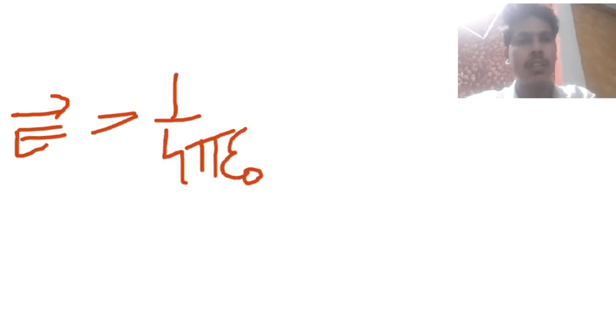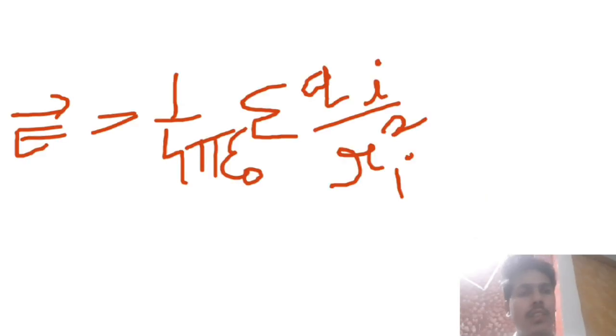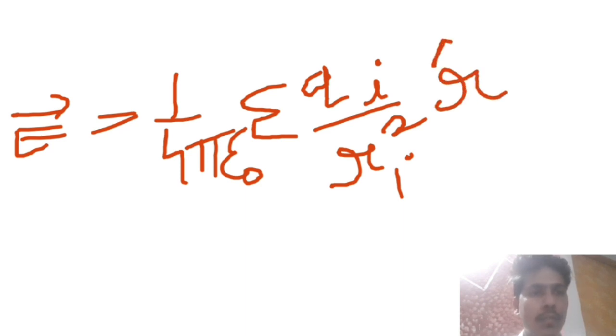This equation can be written as: E vector is equal to 1 upon 4 pi epsilon naught summation of qi upon ri square. It is a vector sum, so direction will also be there, and we represent the direction by the unit vector r cap.